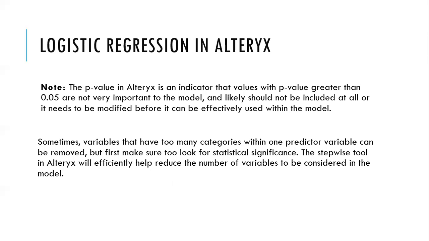But first, we have to make sure to look that none of those categories in that variable is statistically significant. For Alteryx, this is one of the places where a stepwise tool can be used to efficiently help us reduce the number of variables to be considered in the model.